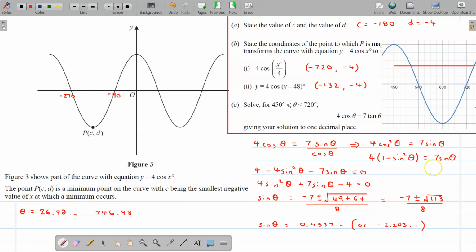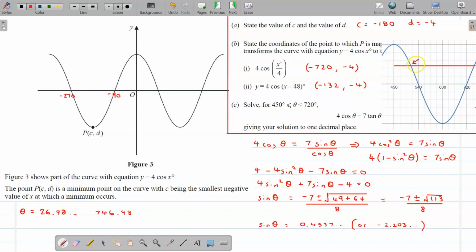If you look at the symmetry of the graph, you can see how it would move back from here and it would come over to here, and that distance there is going to be 26.98 back from 540. So this value we want is here, and that's the only value we want because it's in the range 450 to 720.